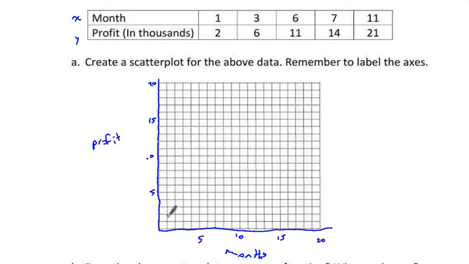So 1, 2, 3, 6, 6, 11, 7, 14, and 11, 21.